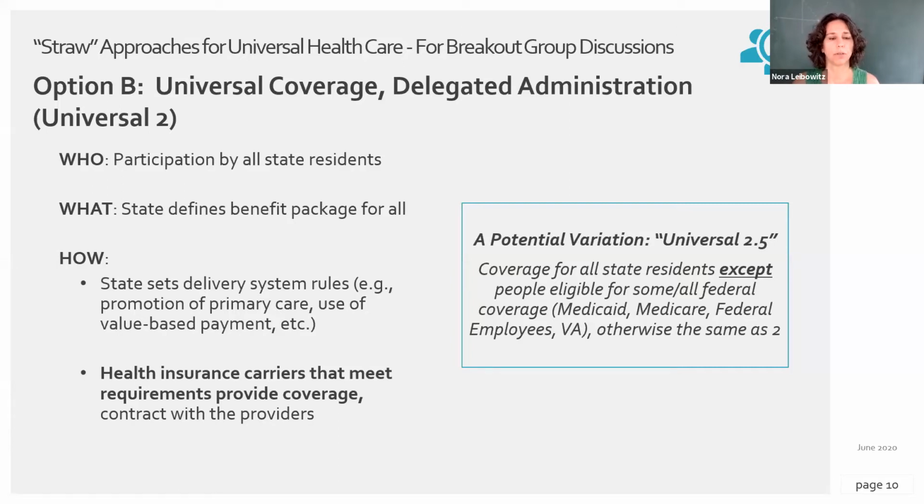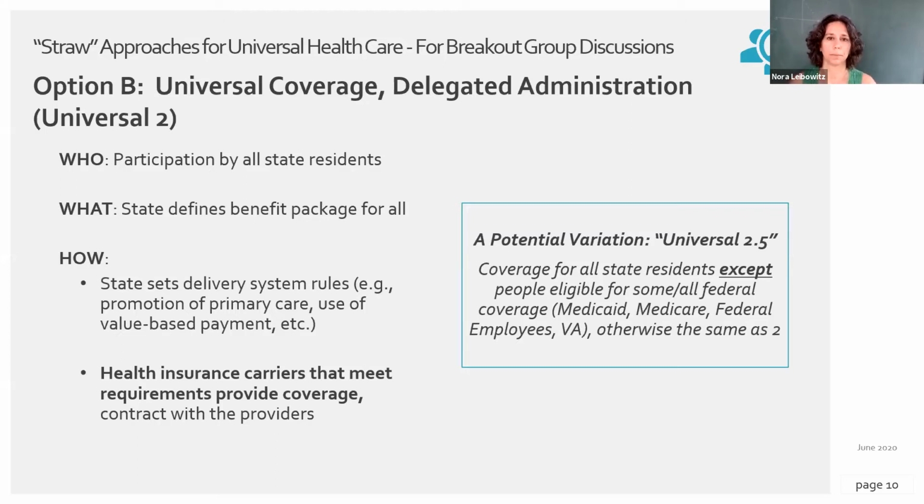The state would continue to define the benefit package and would still set the rules for the program, but then, unlike in option A, would say, okay, insurers, you're going to organize the payments, you're going to process the payments, et cetera. And similar to the one we just talked about, the potential variation would be for all Washingtonians except for folks who are eligible for some or all federal coverage programs.